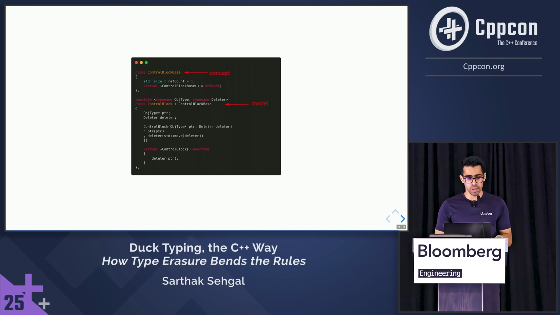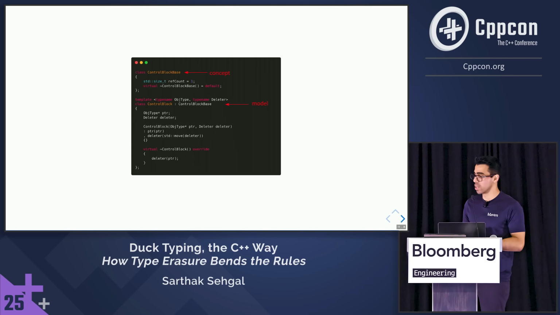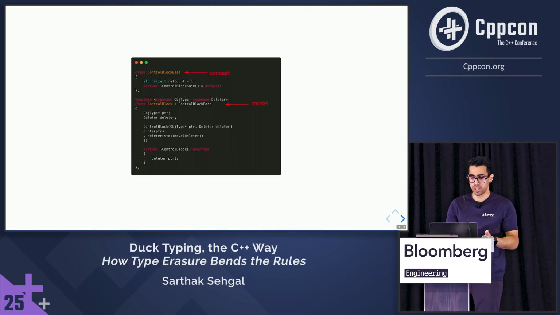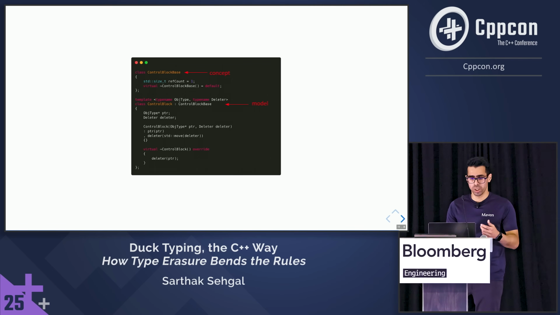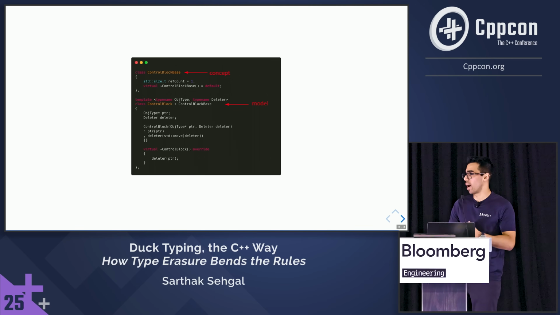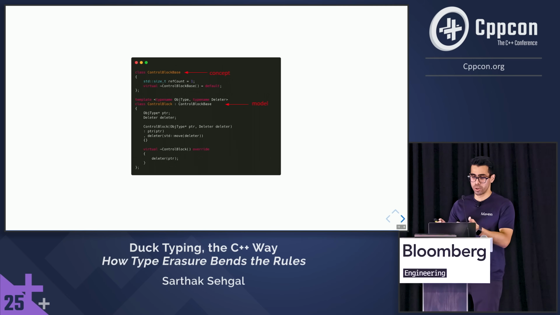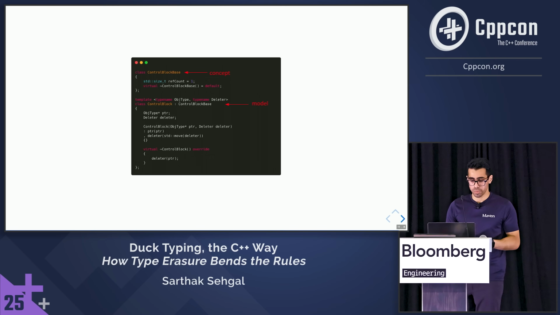It stores the deleter, and it calls the correct deleter on destruction. I'm not going to go into the details, but you can imagine that shared pointer wraps the deleter into this control block and stores a pointer to the control block base inside the class.